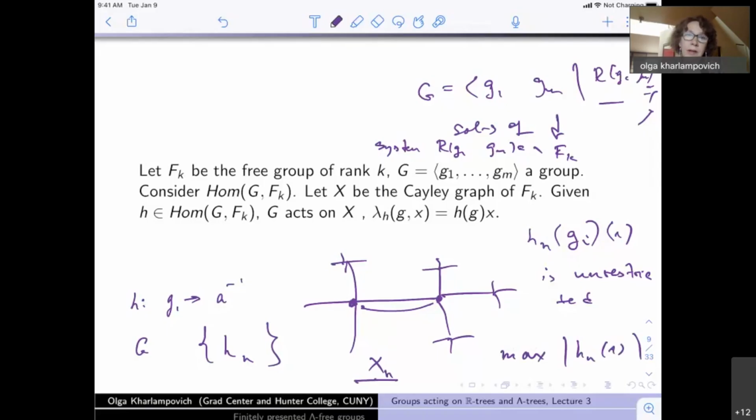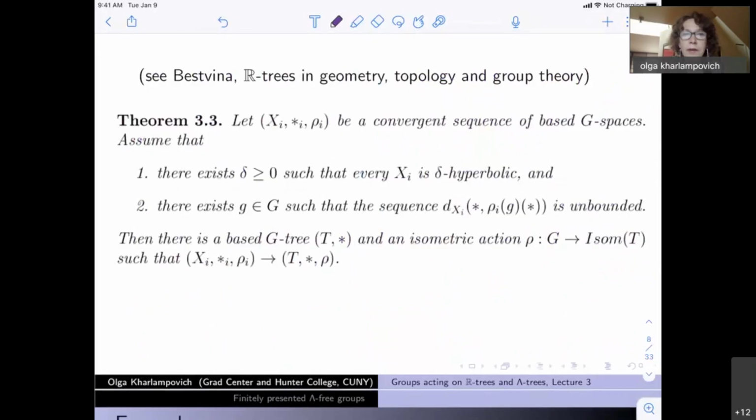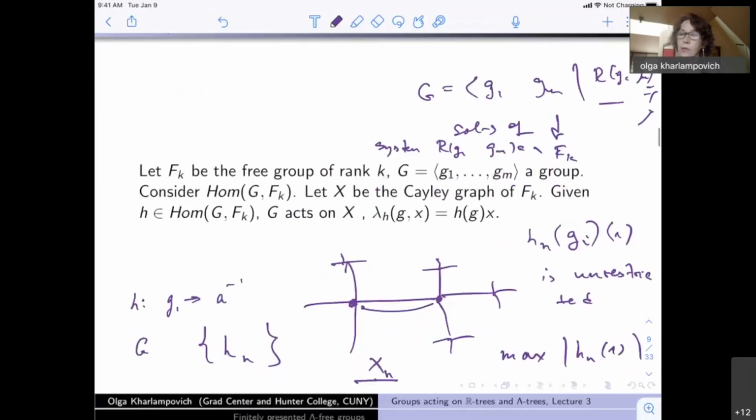And then by the previous theorem, there is a base G3, so G is this group. So there is a base G3 with a metric action of G.